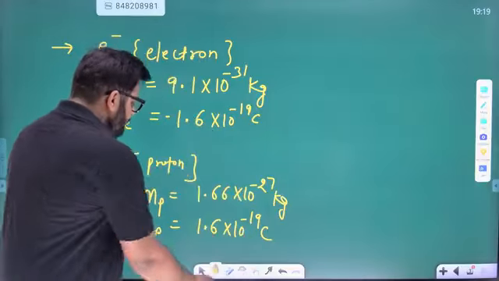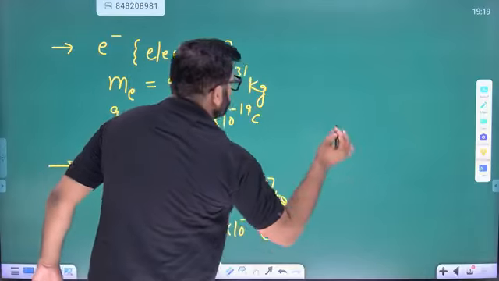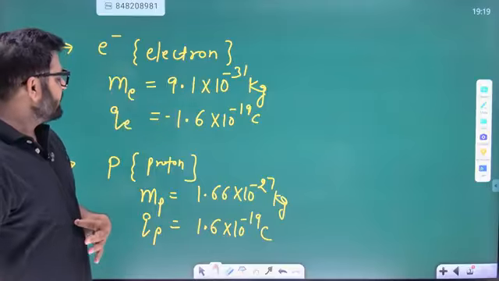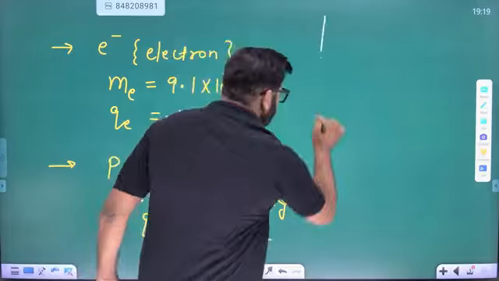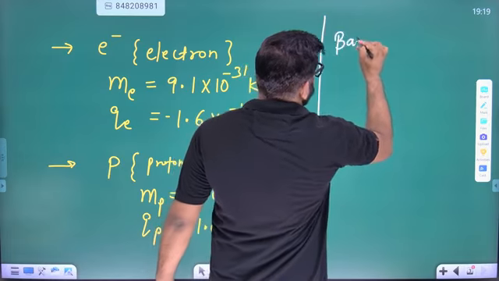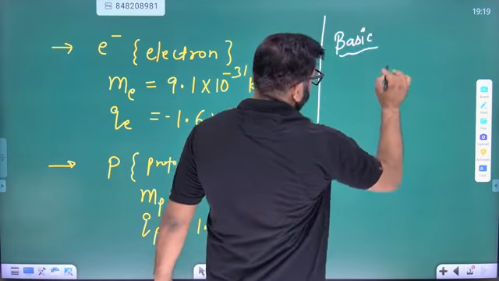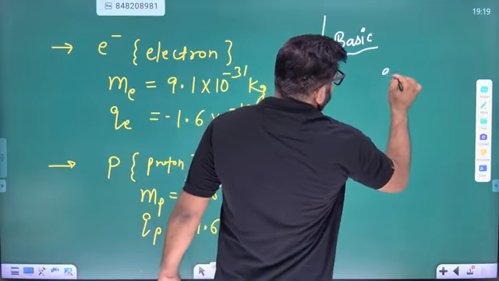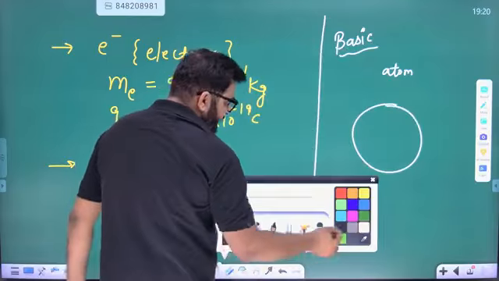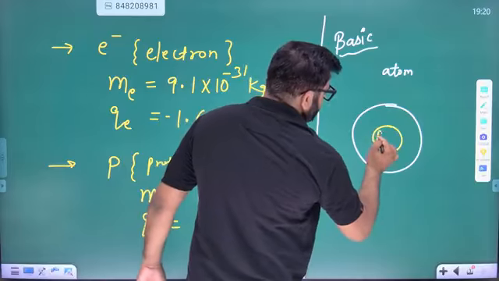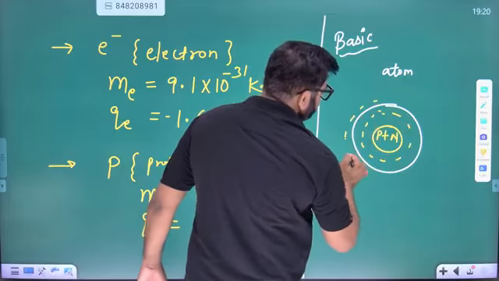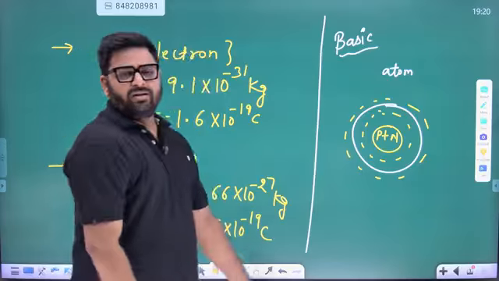So what are the types of charge? But before I make you understand the types of charge, let me tell you some basic atomic structure which I think you already know. You are not supposed to write this if you already know it. In an atom we have a central part known as the nucleus, which has protons plus neutrons, and electrons revolve about the nucleus in elliptical orbits.